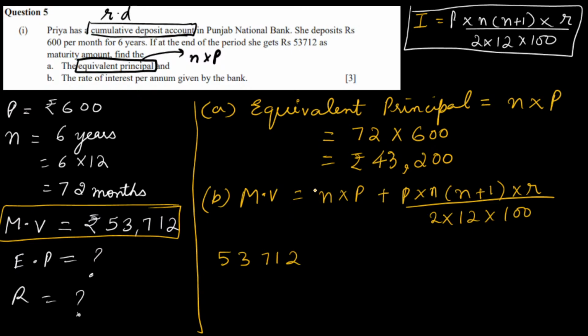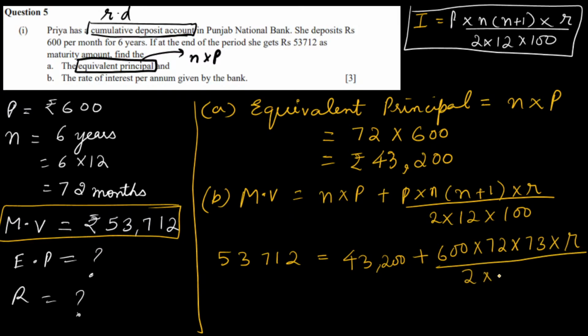NP is equivalent principal that we have already found, that is 43,200 plus P is, now here we can substitute the values. P is 600, N is 72, N plus 1 means 72 plus 1 which is equals to 73. R we can write as it is by 2 into 12 into 100. You can directly write 24 into 100 also.